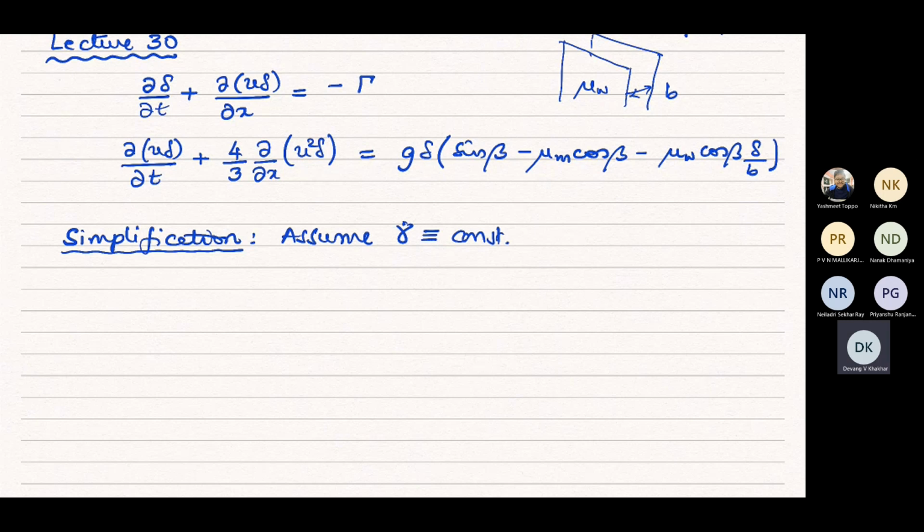So supposing we do that, then the simplification that happens is that you can essentially relate u and delta in an easy way, because gamma dot, we have seen before, is just 2 times the mean velocity divided by the layer thickness. 2 times u is just the maximum velocity, so that is the velocity at the free surface, and when you divide by delta, that will give you the delta u by delta x, which is.